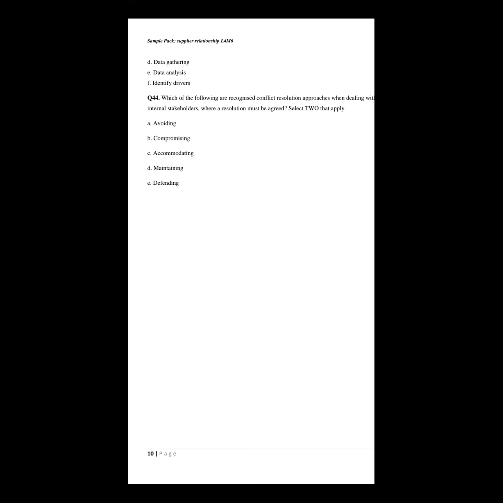Data gathering. Yes, you gather data. You first want to understand the supplier's cost: labor cost, direct cost, indirect cost. You gather that data. Then what do you do next? You analyze it. You compare it with other suppliers' price or cost.